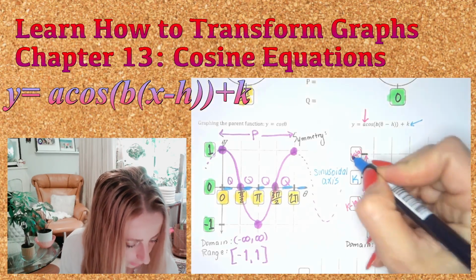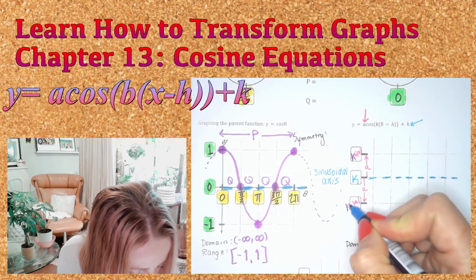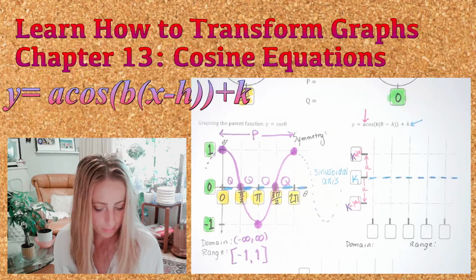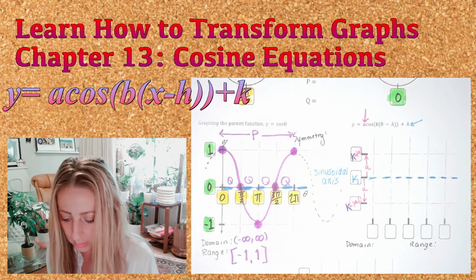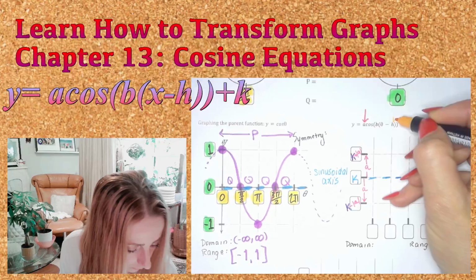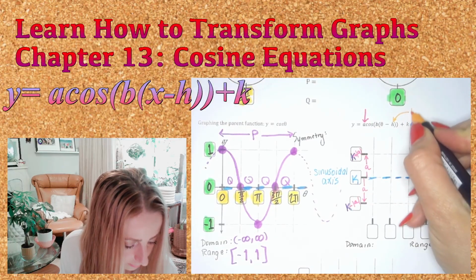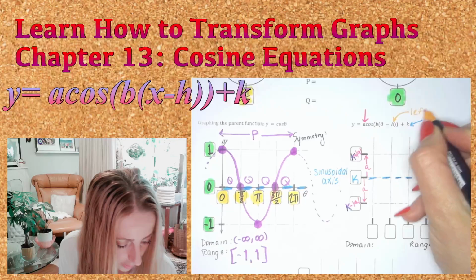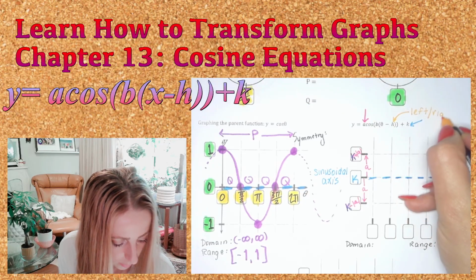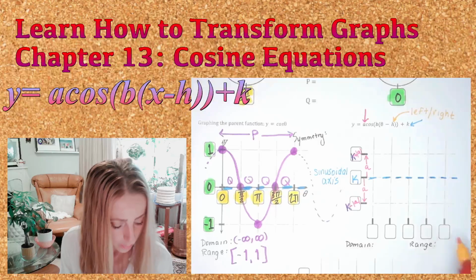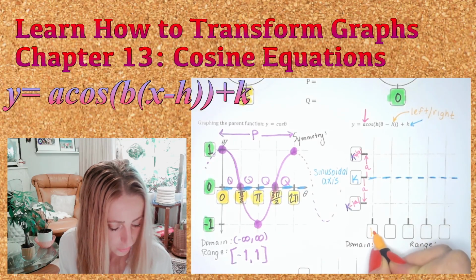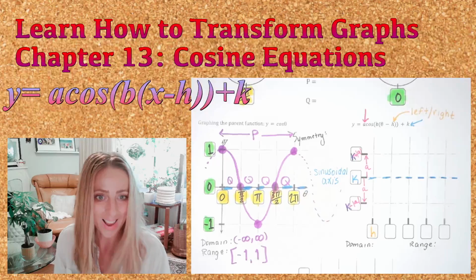What else do we have? K is really blue, I guess, so we can do that. We have that right there is your left and right. I don't know why I'm labeling it this time. That moves it left or right. That's your backward H. So H, the opposite sign.